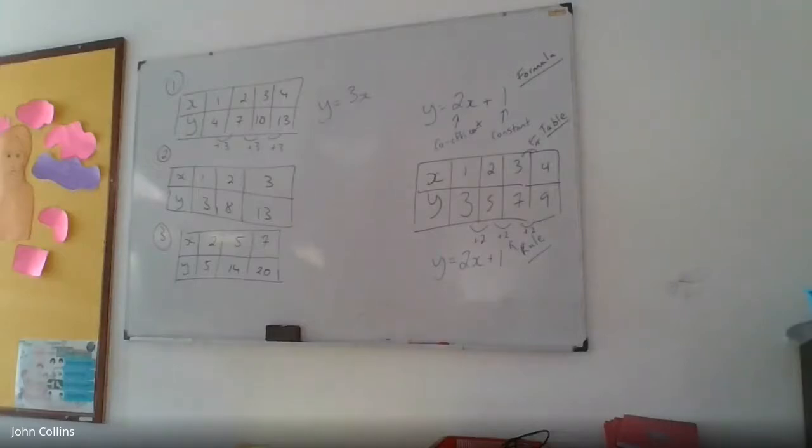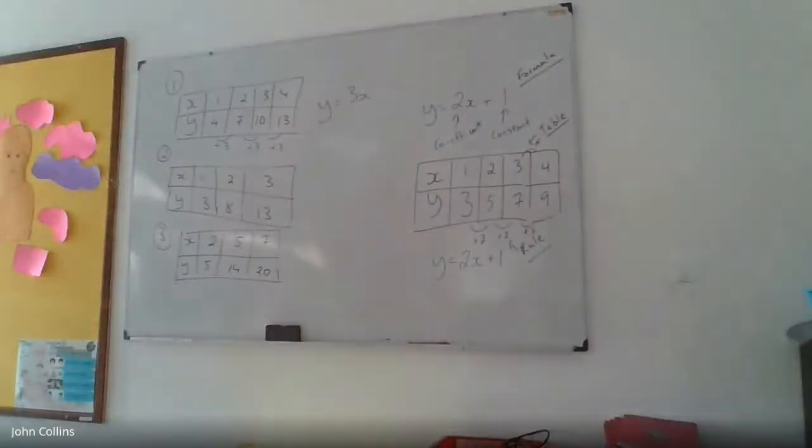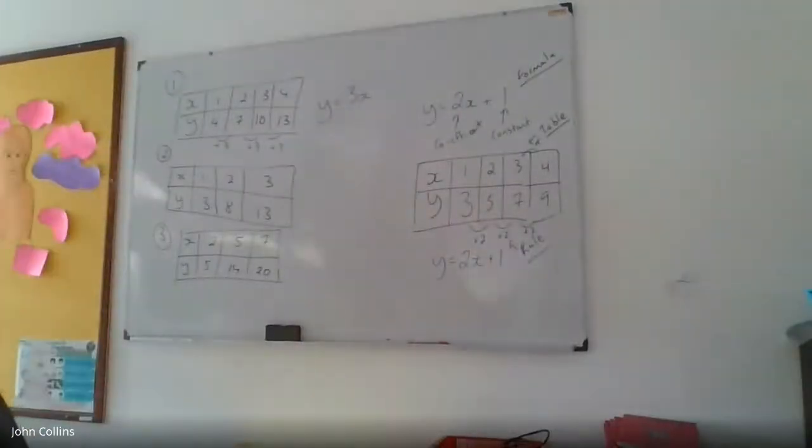This is the first one, the second one, this is the third one. You go help people. Okay, we've got 2 minutes left. Yes, nailed it. So, yes, 3 times x, correct.